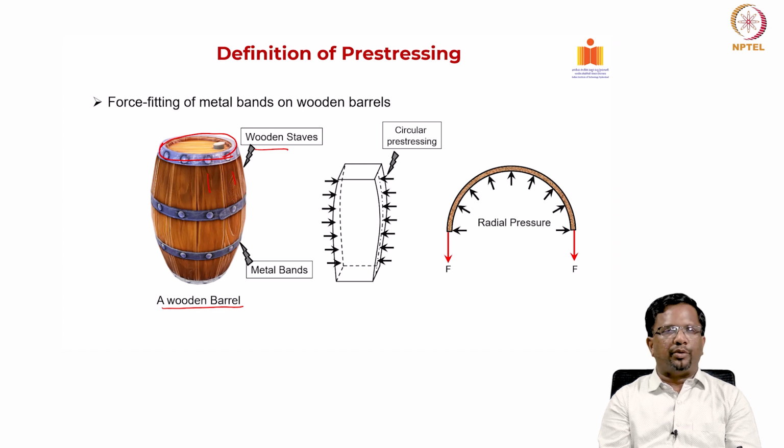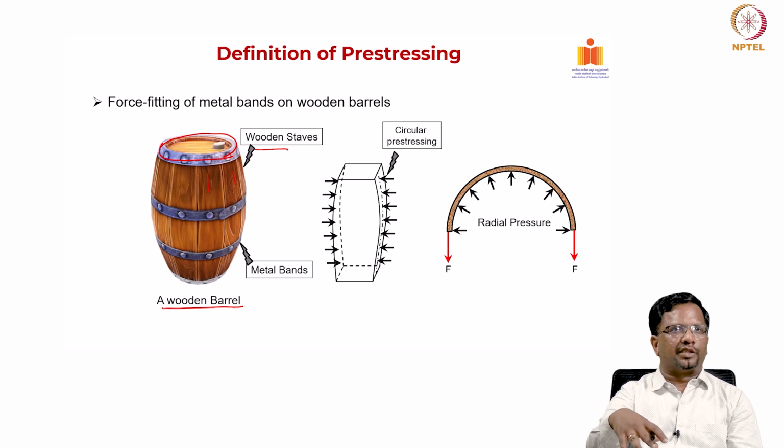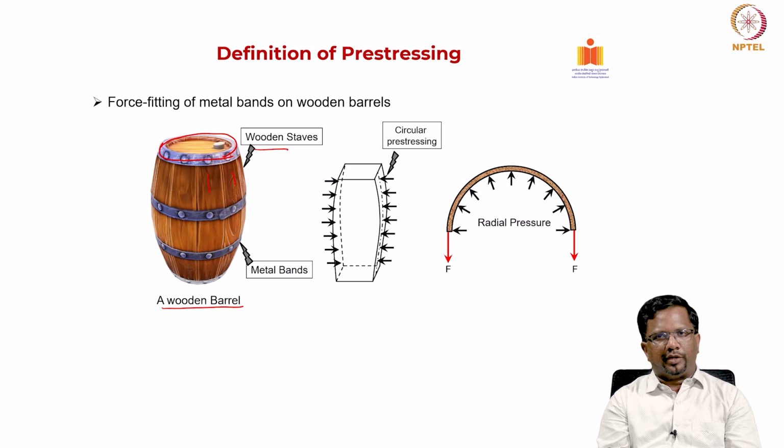So, what people did in the olden days is they heated this metal band and then force-fit all the individual wooden staves together, so that even when you store the material, the individual pieces cannot separate from each other. That is a very nice example of pre-stressing. Even before you put any material inside for storing, you have actually created a pre-stress and are not letting the wooden staves separate from each other, right.